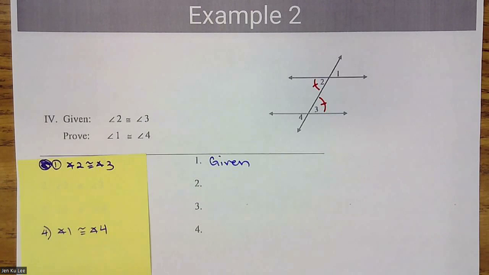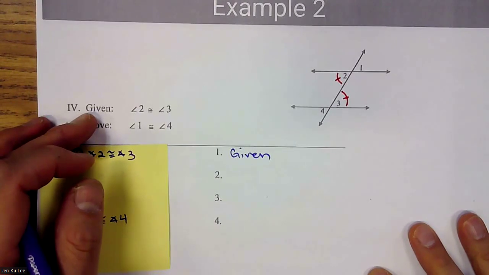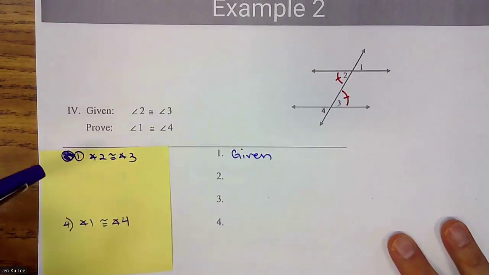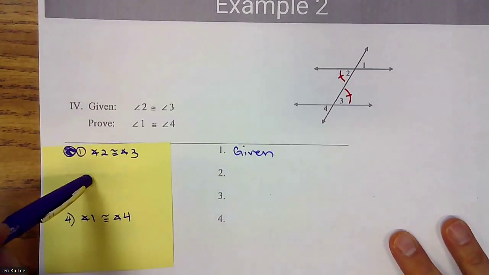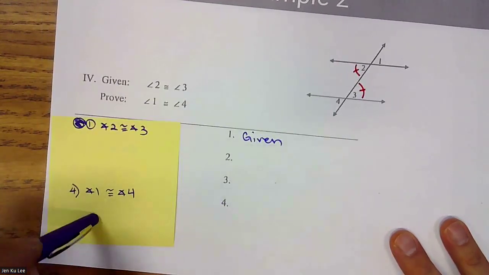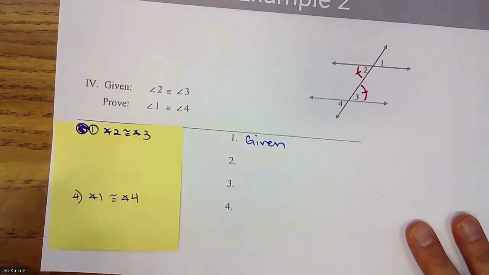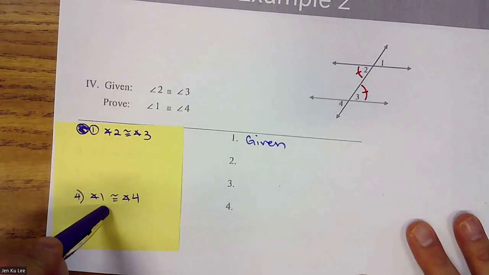All right. So if this lesson, class, is like, what are you doing? And you're confused on a proof, these 3 things, your given statement, the reason of given, and your proof statement all the way on the bottom, is the least that you can do.